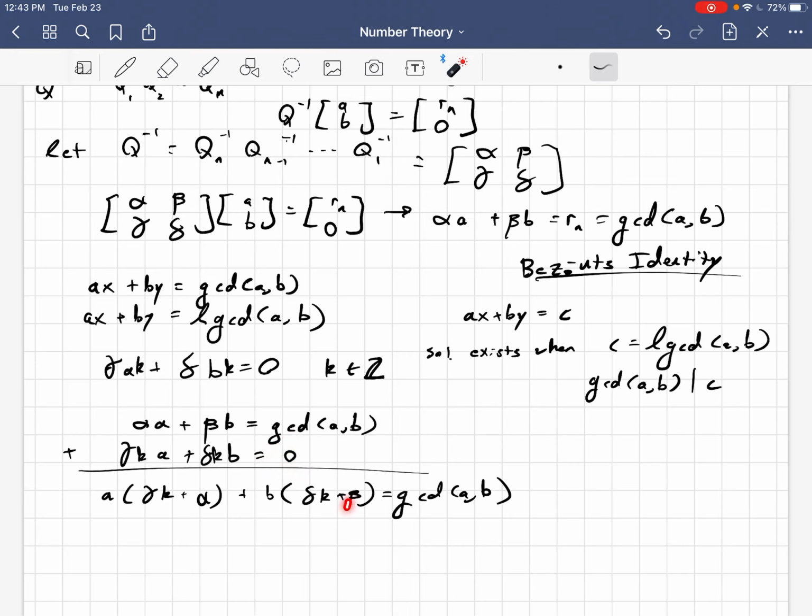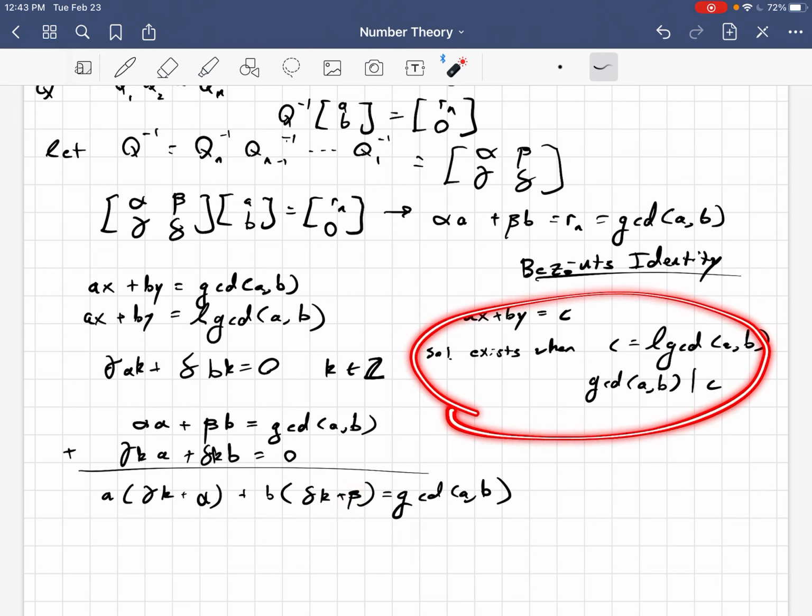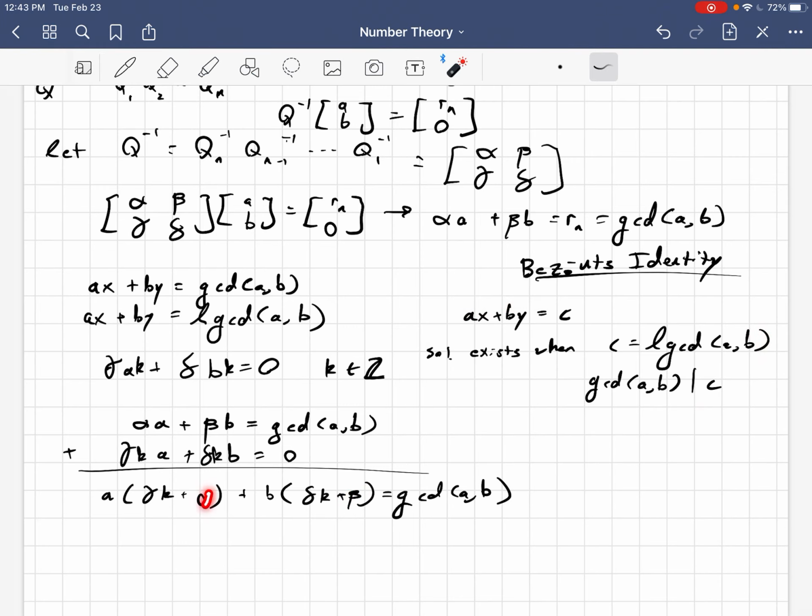And then beta was our particular solution, and so was alpha. But still, I can add k multiples of gamma and k multiples of delta, and I'm still going to be equal to the GCD of A and B, because k multiples of gamma times A plus k multiples of delta times B was originally 0.